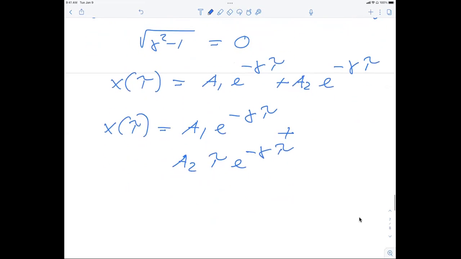So if you insert this solution into the differential equation, just try to plug that in. I'm giving you a hint in the way you can prove that this is a solution. In order to prove that this new thing is a solution, you plug it into the differential equation, and then you will see that the only way you can find a solution is that gamma is equal to 1, which we started with.